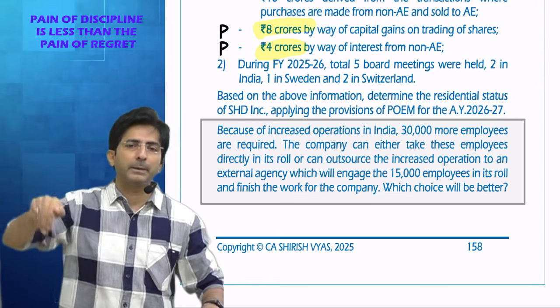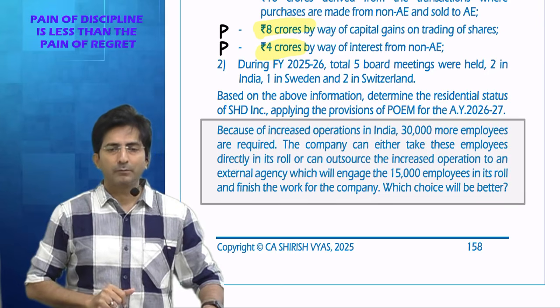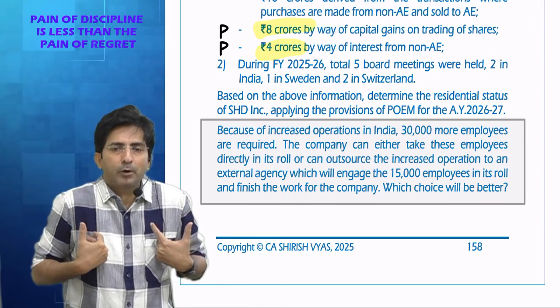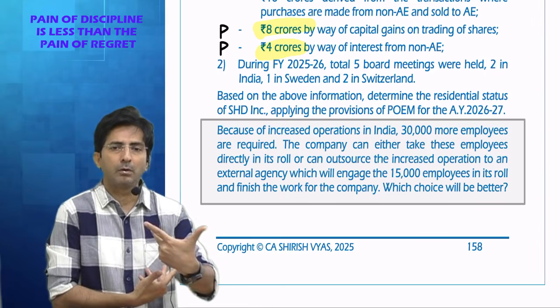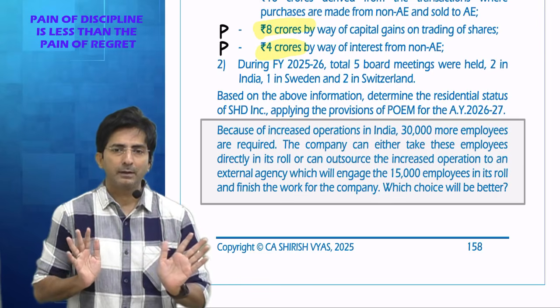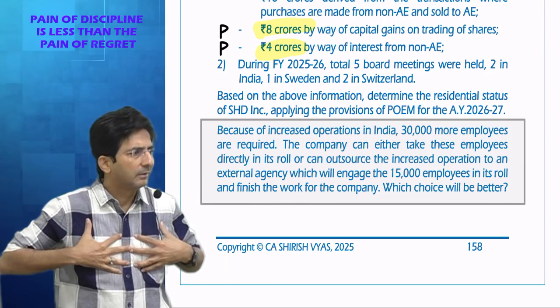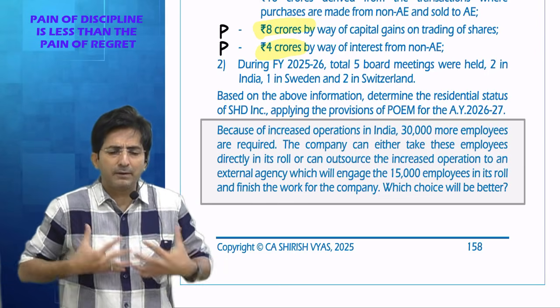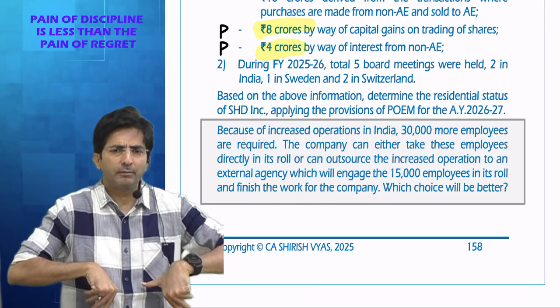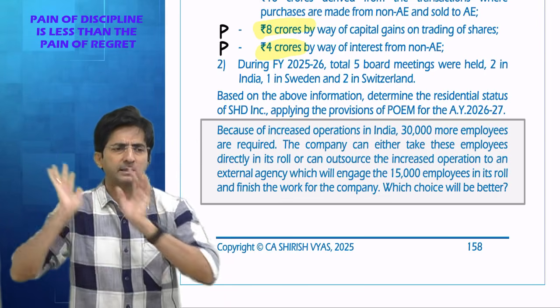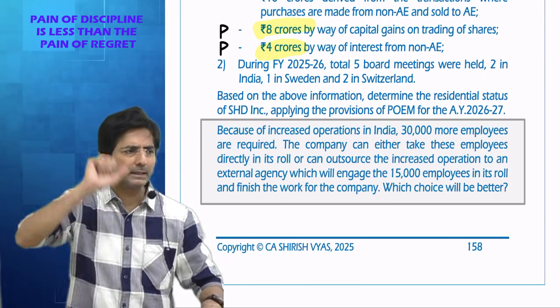Although they are keeping the employees, for executing our work, whether the employees are working under our payroll or the agency's payroll is irrelevant. After all, employees are working for our work. The only thing is, if our work is done by ourselves, we will need 30,000 staff. But if our work is handled by the agency, it can be done with 15,000.